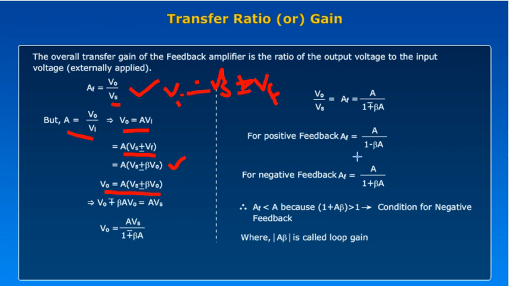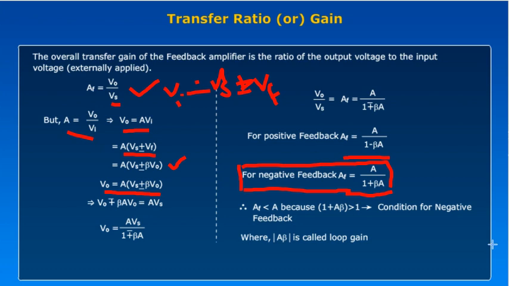So for positive feedback, AF is equal to A by 1 minus beta A, and for negative feedback, AF is equal to A by 1 plus beta A. You have to remember that the transfer gain of the negative feedback amplifier is the basic amplifier gain A divided by 1 plus the feedback ratio into the basic amplifier gain, so 1 plus beta A. And AF is less than A, because 1 plus A beta is greater than 1.